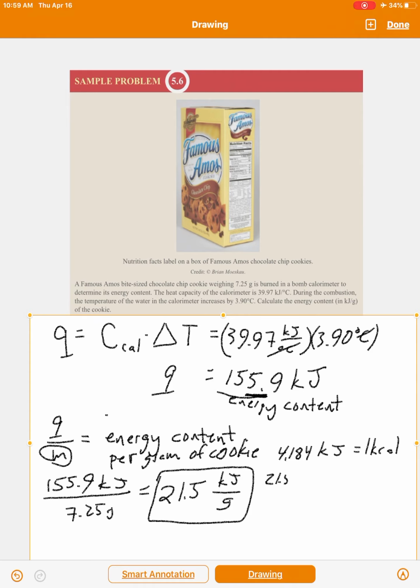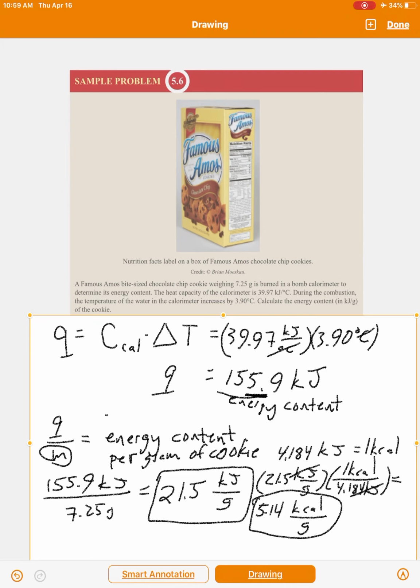So you'd say, okay, we have 21.5 kilojoules per gram, and then 1 kilocalorie per 4.184 kilojoules. That's the conversion factor. So if you divide that by 4.184, 21.5 divided by 4.184 is around 5.14 kilocalories per gram.